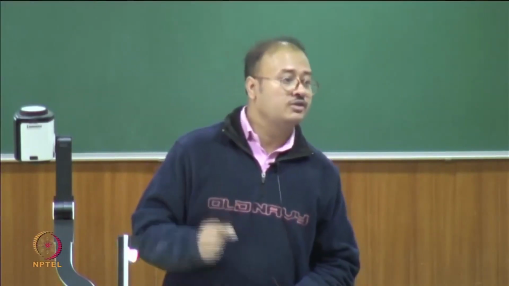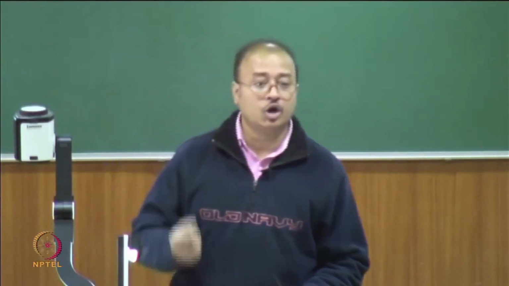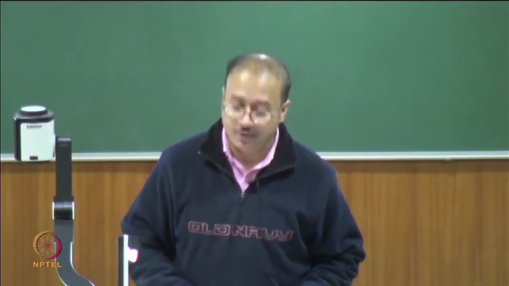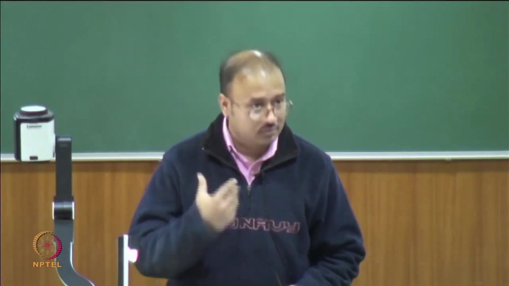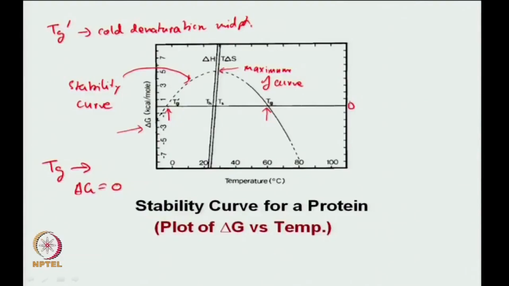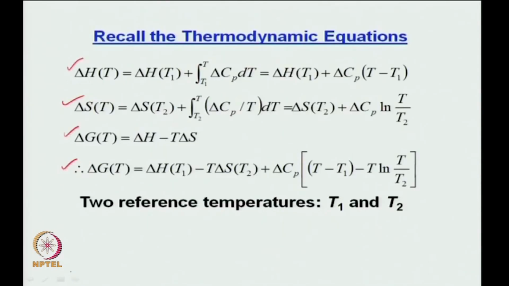But what possibly we did not realize was that if you would also decrease the temperature, a point would come where the protein will again denature, right. So, that means a point will come where K is equal to 1 again. So, that is your Tg prime, which is the cold denaturation point. I have written midpoint again for a specific reason, because whenever we are talking about Tg and Tg prime, these are essentially midpoints of certain transitions we are looking at, and it will become more clear in the next few slides.